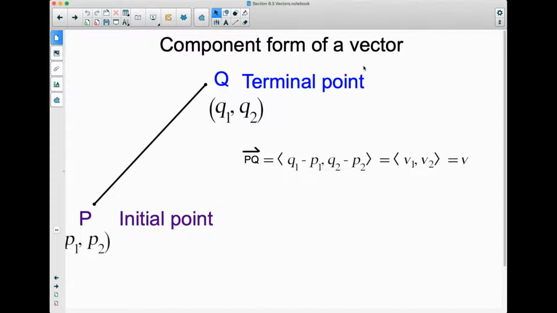And then we're going to do our terminal y value minus our initial y value. And then it looks like an ordered pair, except now you have these what look like greater than or less than symbols. And yes, you have to put those new notations to show that it's a vector.